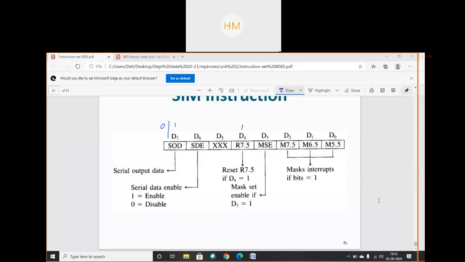If the accumulator has 0E hex, then what will the SIM instruction do? I know the accumulator has 0E hex. I'm using the SIM instruction. So now what will be the contents of the SIM instruction? Tell me, which interrupts will be masked and which will be reset?